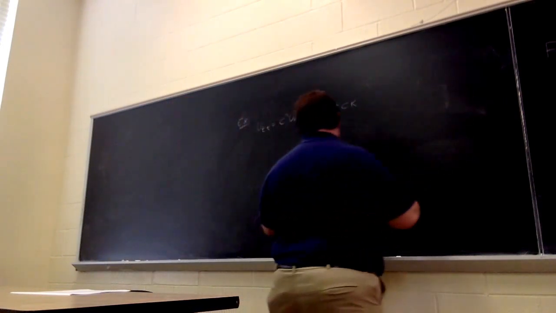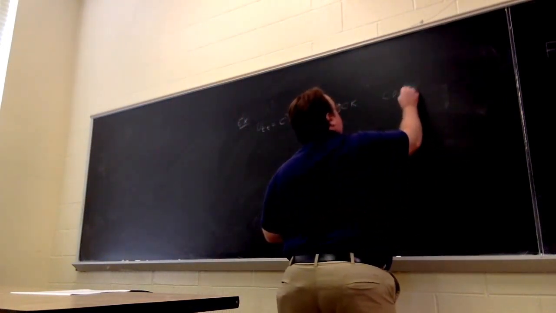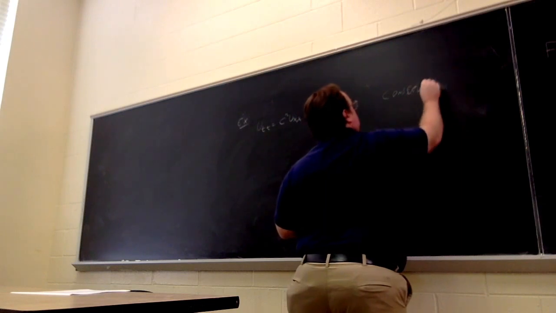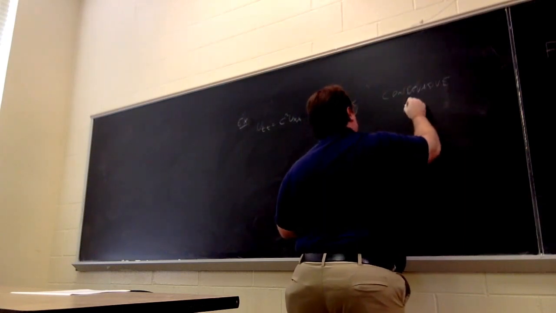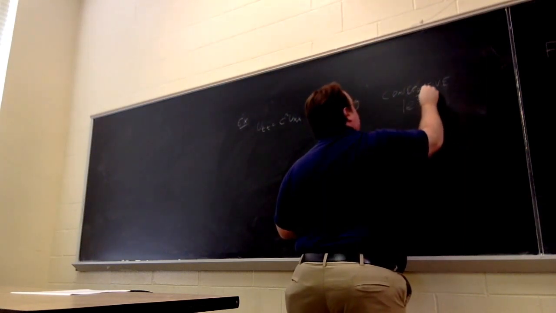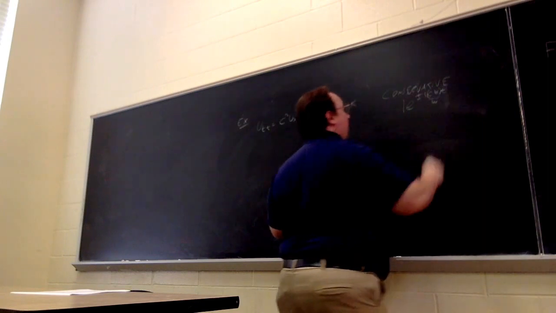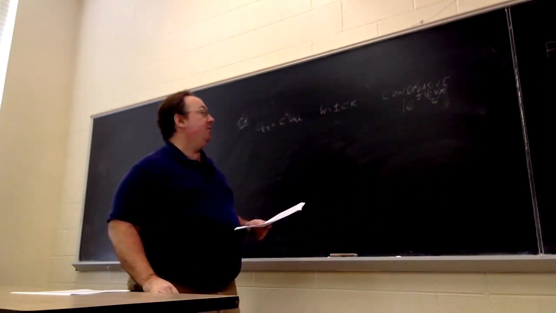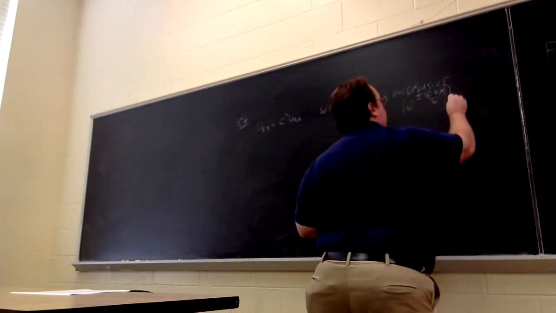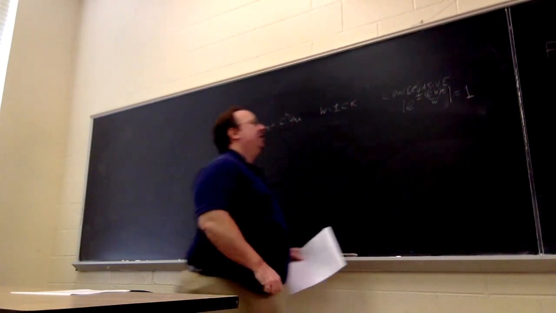The kind of behavior you get is called conservative, just because you have e to the plus or minus i c k t, so that is your w there, and the magnitude is equal to 1.